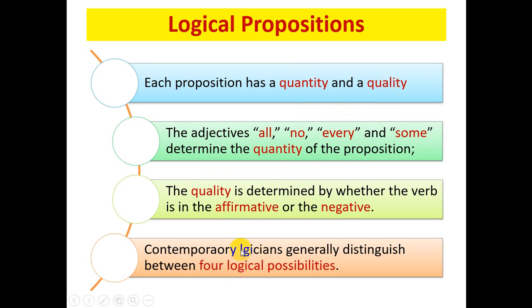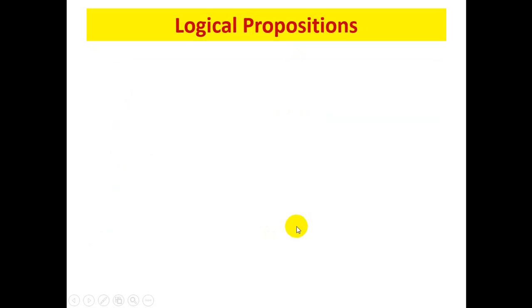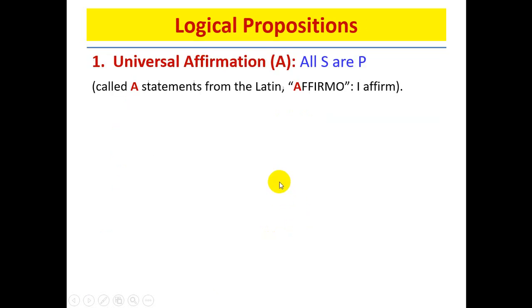So therefore, we have to distinguish between four logical possibilities. Four logical possibilities. This is from 2 by 2 equals 4. Let's have this classification. The first thing is called universal affirmation. When we say all S are P, something like all humans are free, or all Egyptians are free.